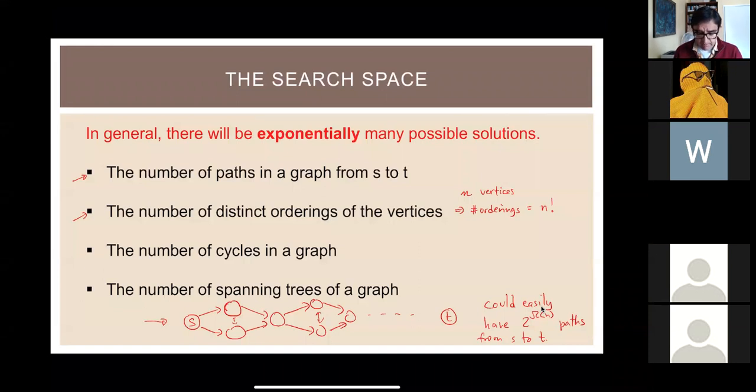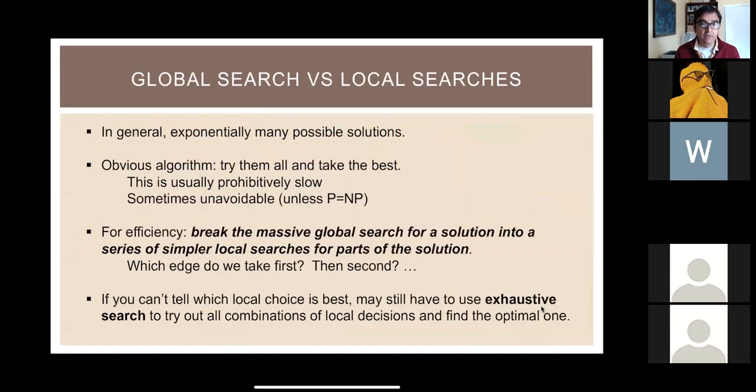So how do we solve these kinds of problems in general? One naive approach, the brute force approach, is to say, well, we have a search space of all these possible solutions. And we also have a criterion that we are trying to minimize or maximize. So let's just go through the entire search space and evaluate the criterion on each possible solution.